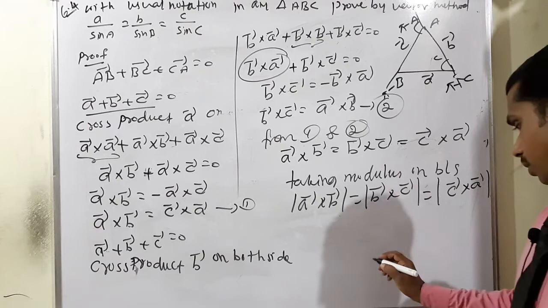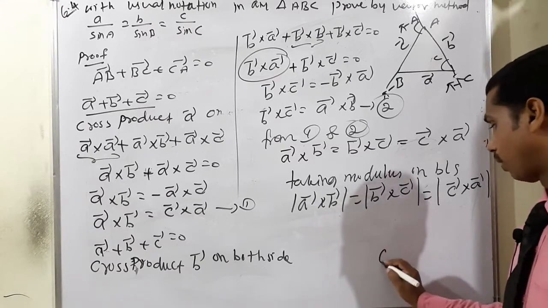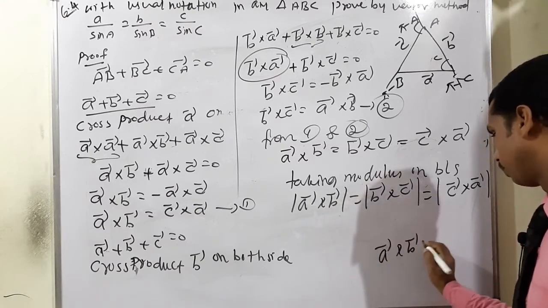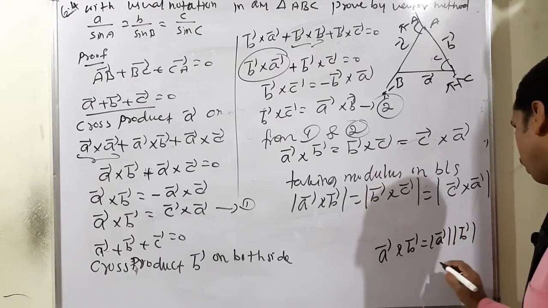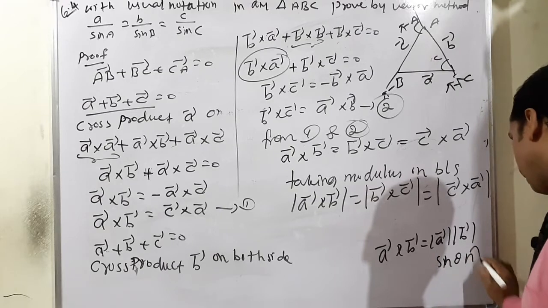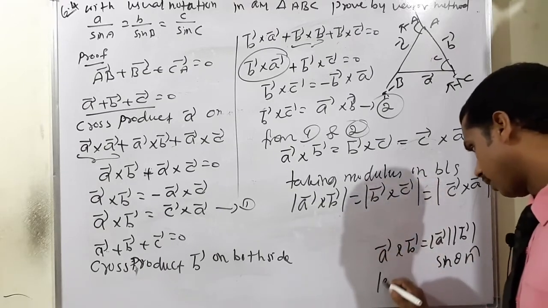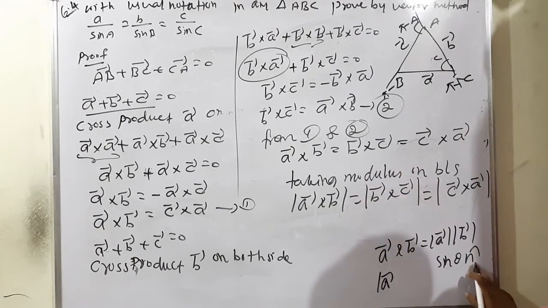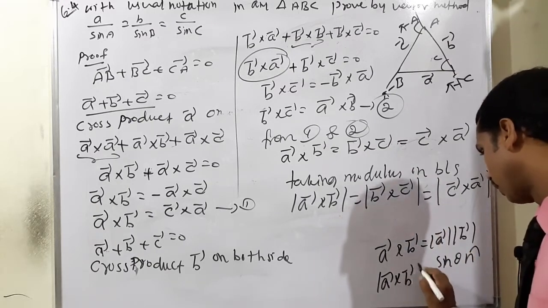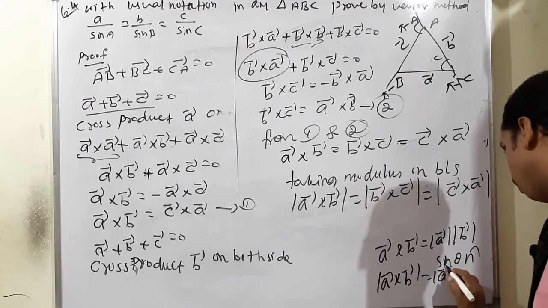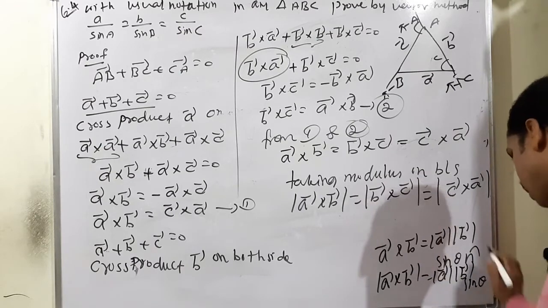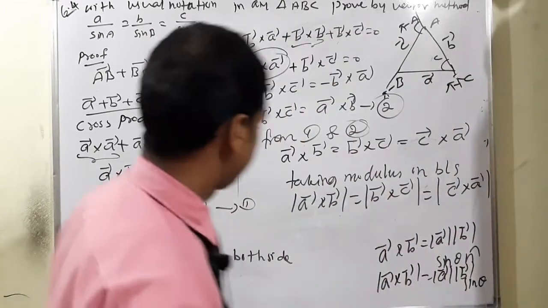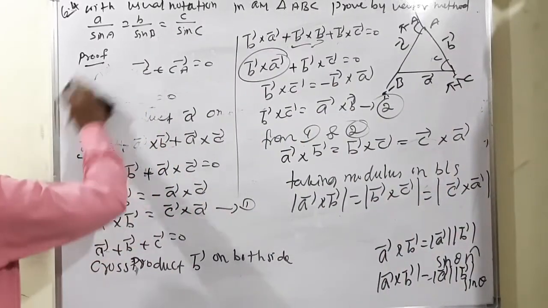Already we know the cross product formula: a vector cross b vector is equal to modulus of a vector into modulus of b vector into sin theta n cap. Taking the modulus, n cap will be cancelled because n cap is a unit vector. So modulus of a vector cross b vector is equal to modulus of a vector into modulus of b vector into sin theta. So what will happen?